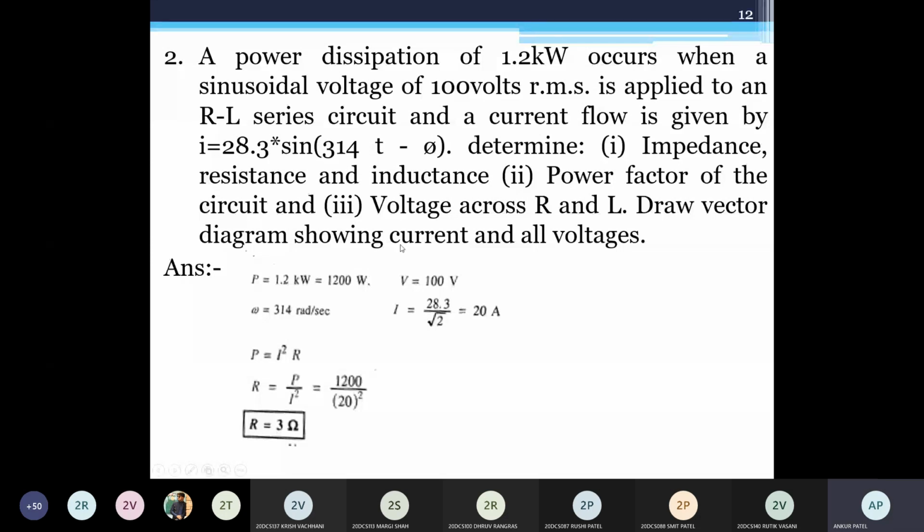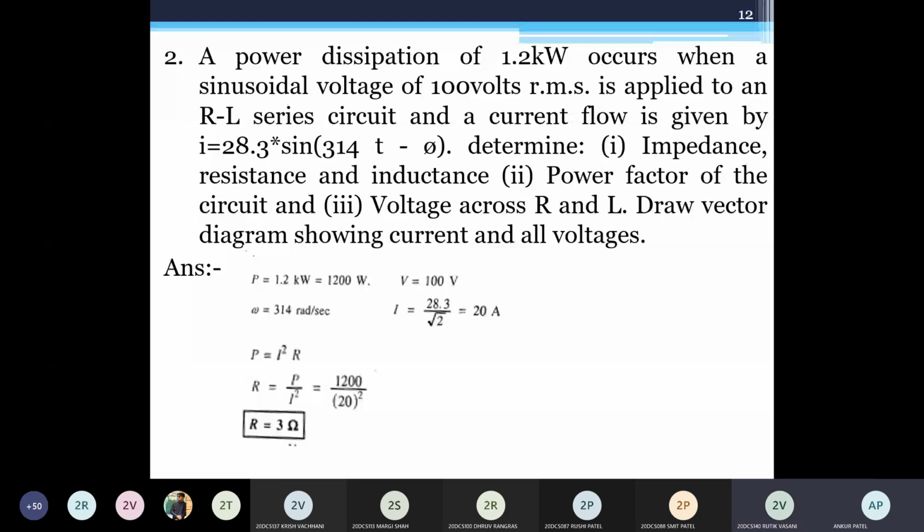Now we need to find inductance. So what will we do? We already found Z and we have R. So to get inductance, Z is equal to under root R square plus XL square. So XL is equal to under root of Z square minus R square.